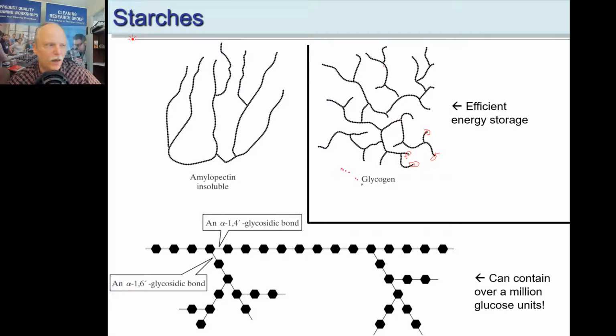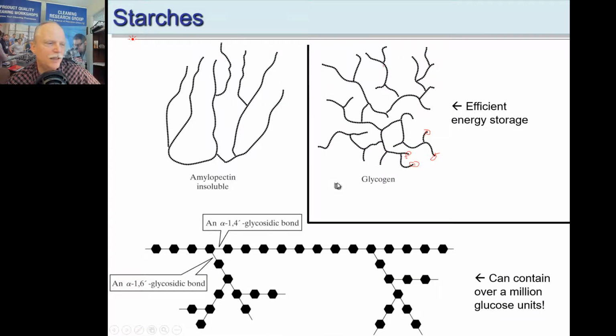Now you can have branching, and this is how that branching occurs. You can have a string of 1,4' bonds, and then you can split off on the 1,6' linkage. And so the more branched the starch, the more efficient it is in terms of energy storage and energy retrieval for the body.